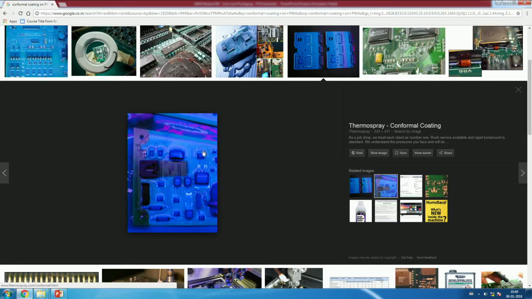this one. Okay, so basically what you do is you put down this very thin polymer layer. So it's usually some kind of a liquid polymer that you would spray coat, okay, and then cure it. Here the entire circuit card is covered with a uniform thickness of conformal coating.